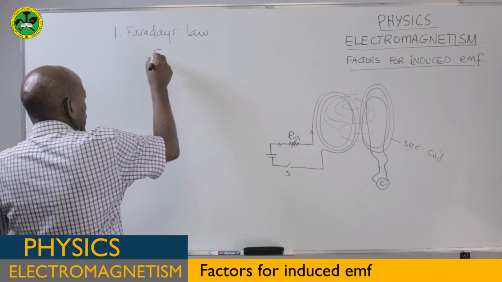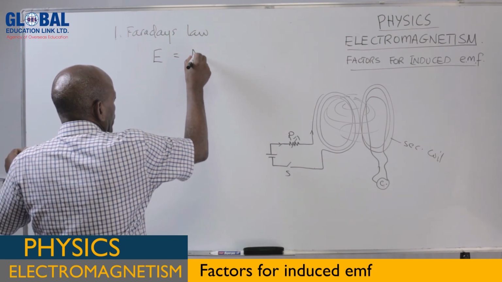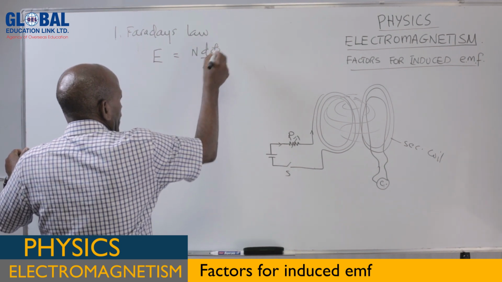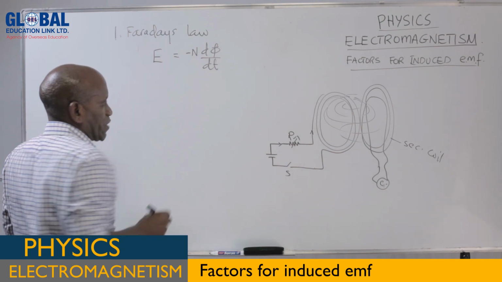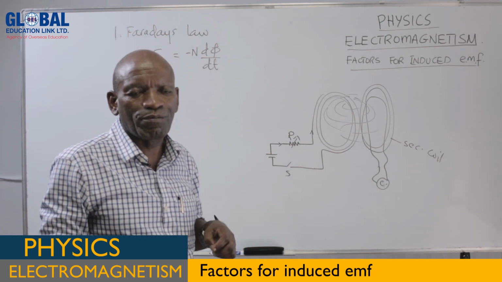And the formula for Faraday's law says that E is equal to negative N d phi by dt. The phi there is the magnetic flux. So we are giving the negative sign. The negative sign there dictates the direction of the induced EMF.